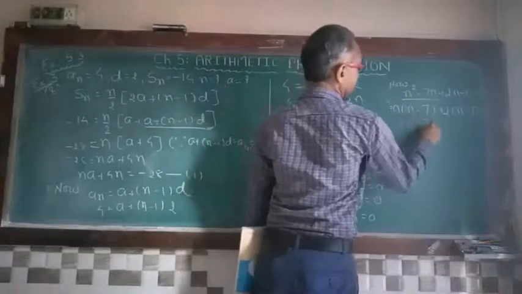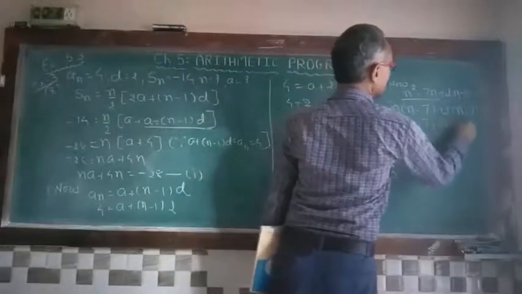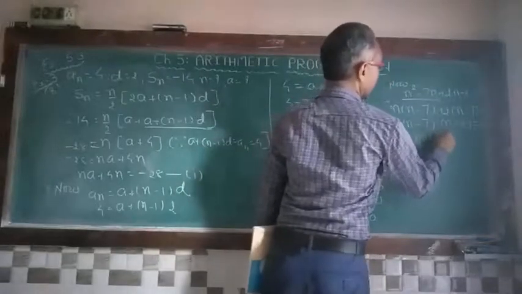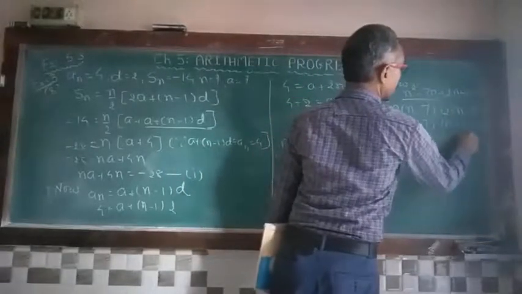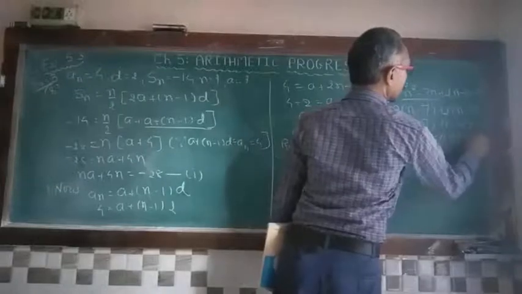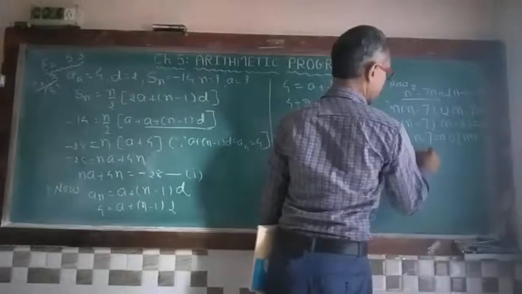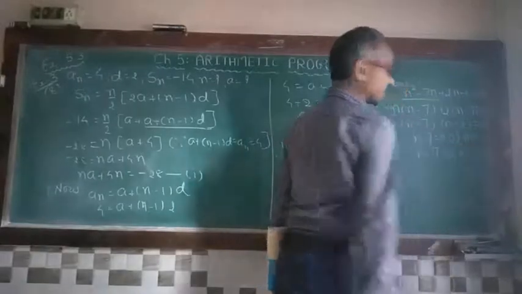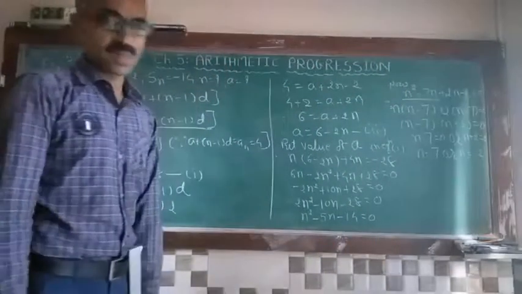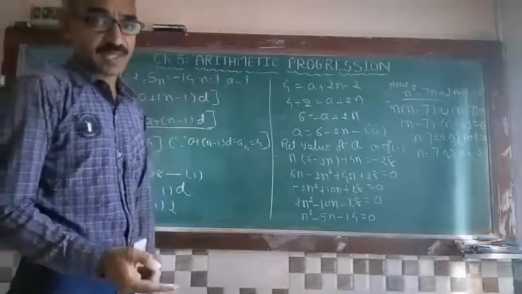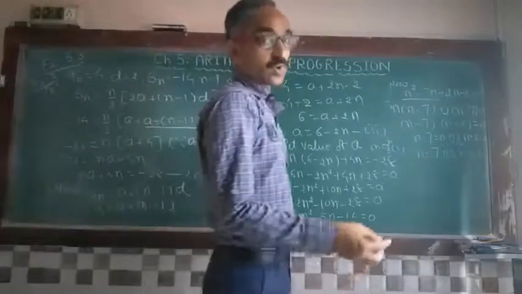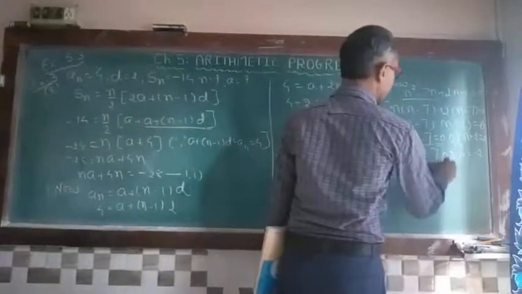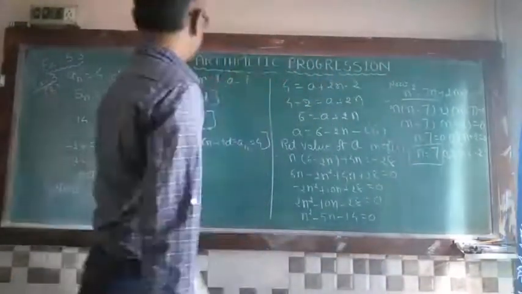So (n minus 7)(n plus 2) is equal to 0. That means n minus 7 is equal to 0 or n plus 2 is equal to 0. So n is equal to 7 or n is equal to minus 2. But n must be a positive integer. That means n equal to minus 2 is not possible. So your final answer is n is equal to 7.